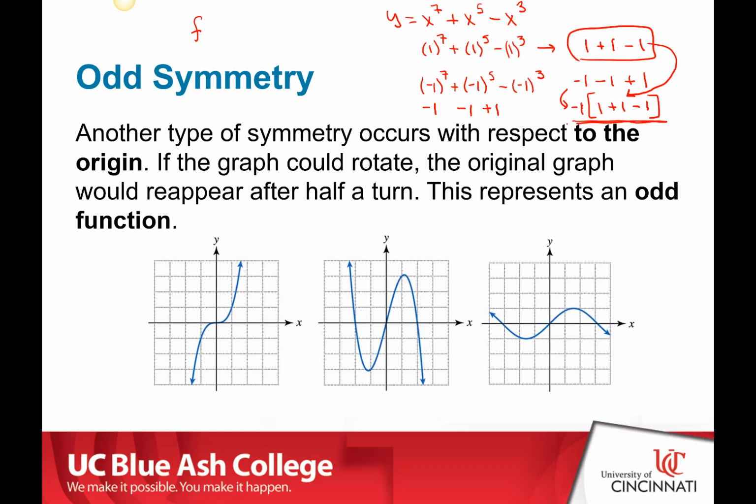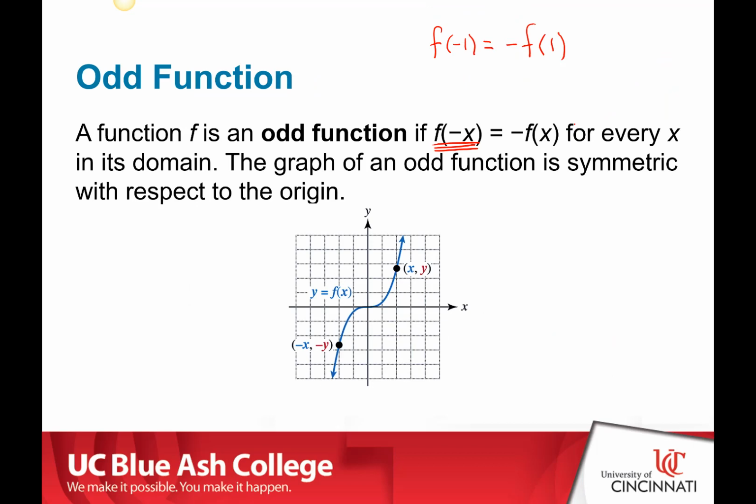Do you see this right here? The negative 1 out front is the negative of the original function. So what it does is it takes all the y values and it swings around negative from what they would have been. Does that make sense to everybody?